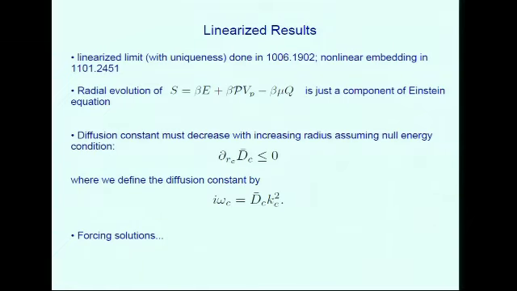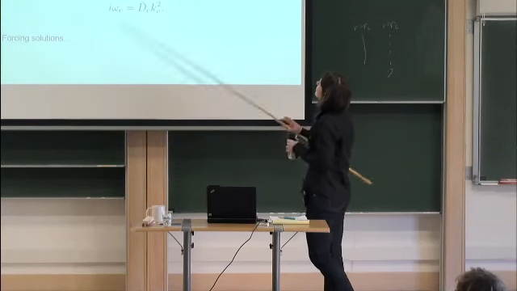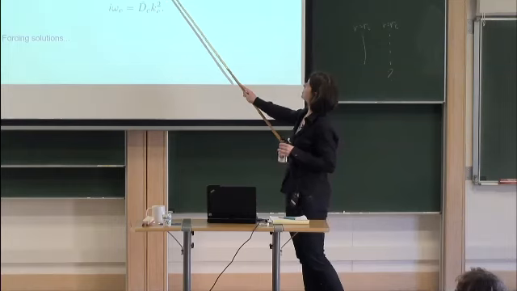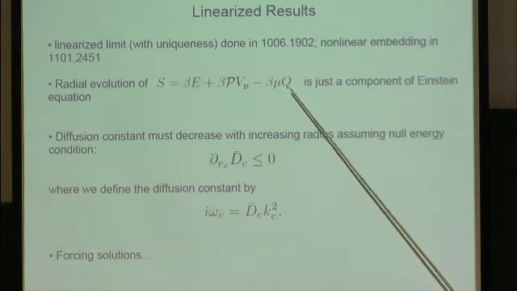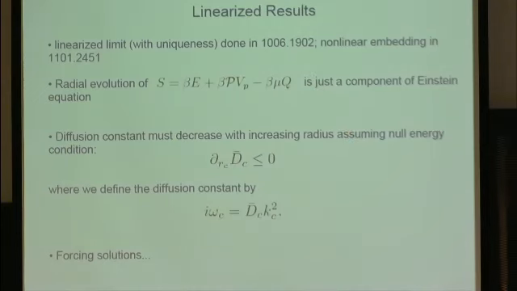And I wanted to mention, first of all, that we found in the linearized case that you can think of the radial evolution of the entropy, which I've written here as, beta is 1 over the temperature, and then you can define an energy, pressure, and volume. And then, of course, I mentioned also in that case that we considered adding matter, so you could add whatever sum of mu's and q's you would like.